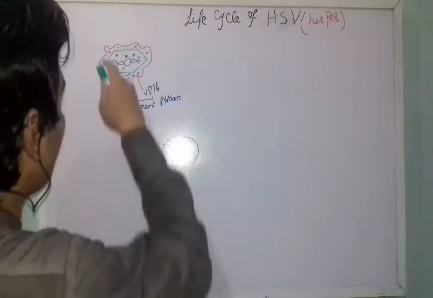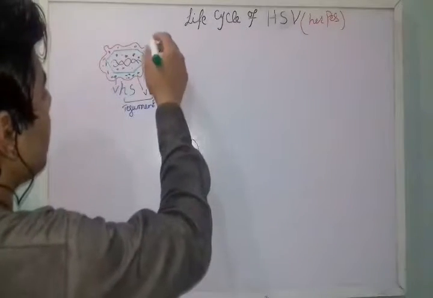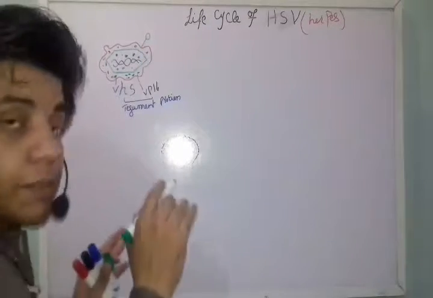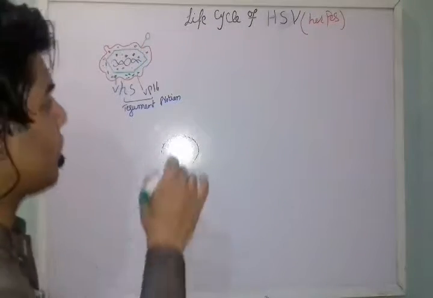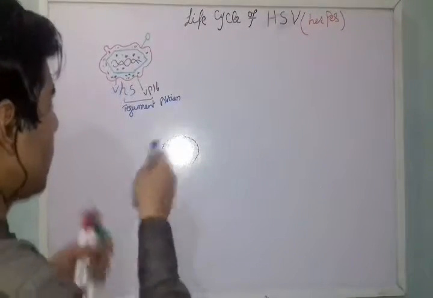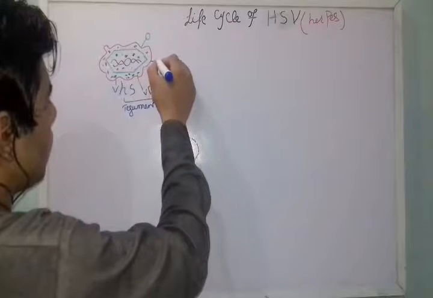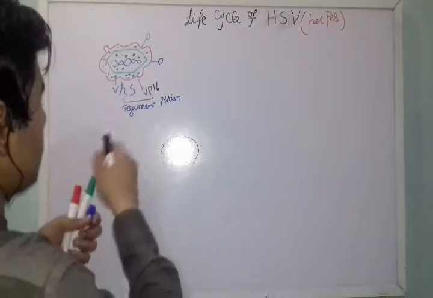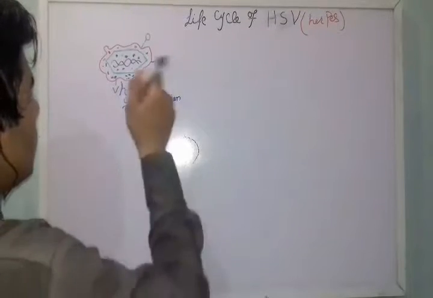Now on the envelope area there are also spike proteins. But the spike proteins in this case are four different spike proteins. Let me draw one with green, and this one with blue, because it contains four different spike proteins.